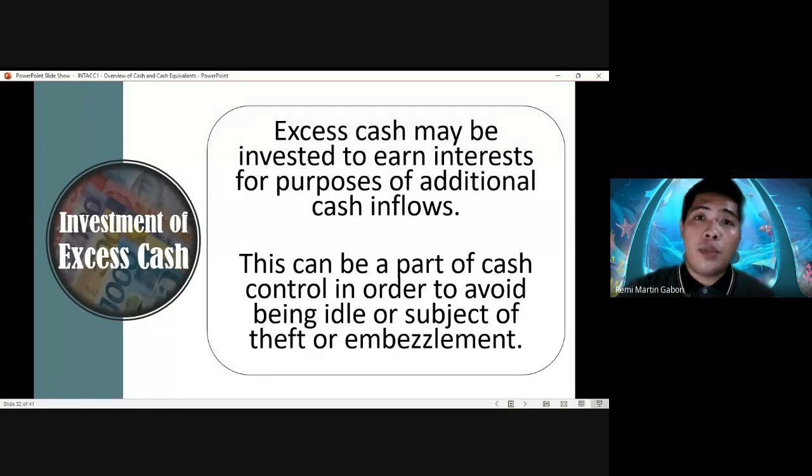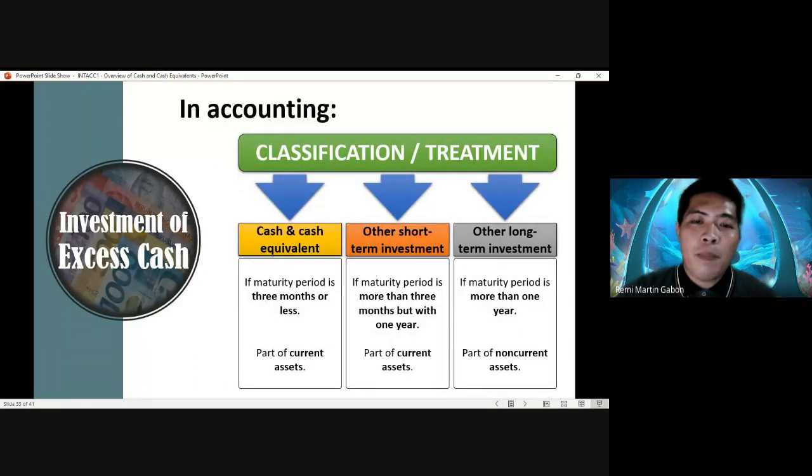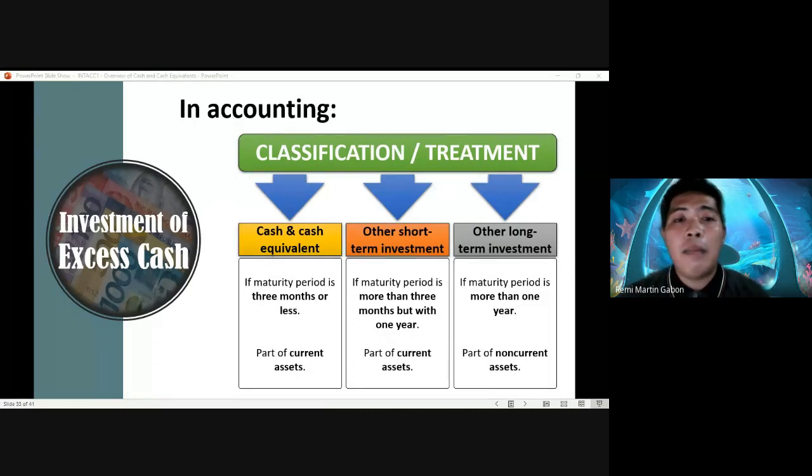So how do we account for or treat such investment? It's like we're going to wrap up everything from the start. The concept, the classification and treatment will depend on the previous concepts that we have for cash and cash equivalents. So an investment of excess cash will be part of cash and cash equivalents depending on its maturity.